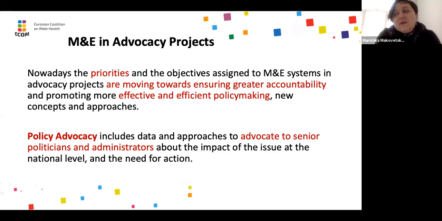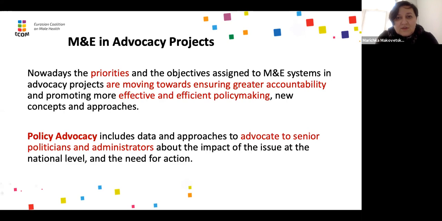If we talk about advocacy nowadays, I also want to raise your attention that advocacy is now more about an effective and efficient policy-making process. If you want to be successful in advocacy, we should always think about the evidence base that we may use. Even if you don't have enough evidence for your change, we should prepare ourselves better, because without any evidence you cannot approach the Minister of Health saying, "Well, you know, we have people suffering here without treatment, but we have no idea how many of them are here."